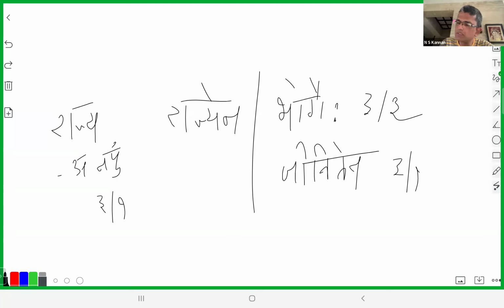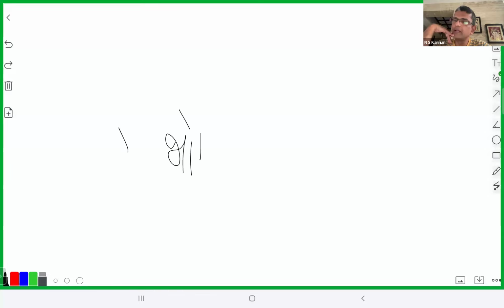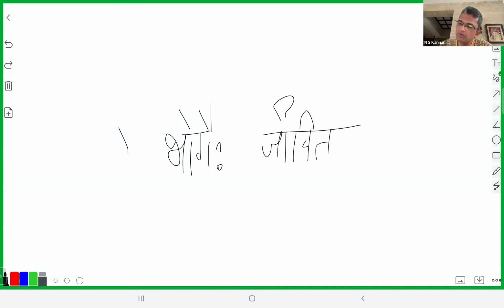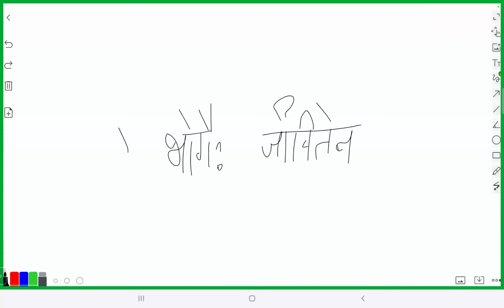So what is the construct of Bhogaihi Jivitena? Bhogair Jivitena va. So is it that Bhogai is Bahuvachanam and Jivitam is single? Very nice. That's okay to construct it.